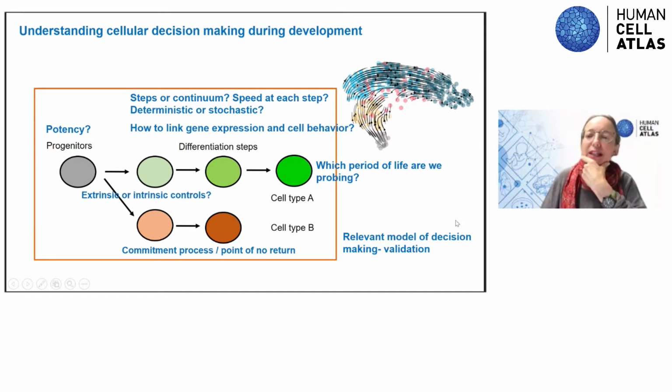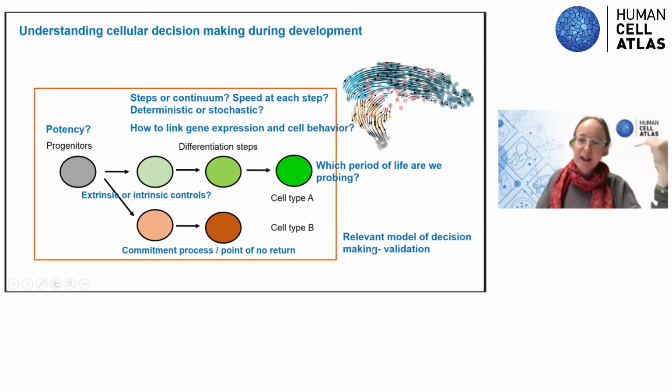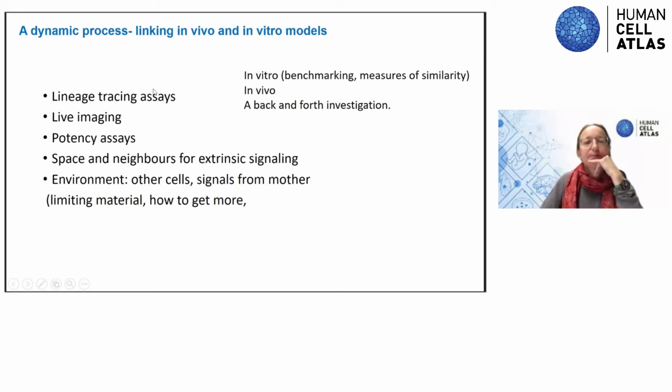And if we want to study dynamics, we need to probe different time points and space, but also have systems where we can trace cells, linking to what Samantha reported, but also do live imaging. And link also to model systems where this live imaging can be done, or develop in vitro systems where it can be done. So how do we probe this dynamic process?